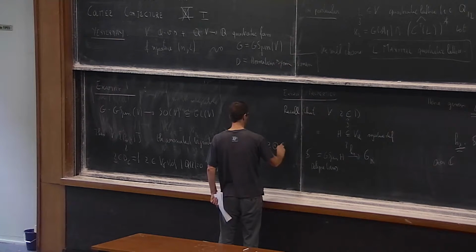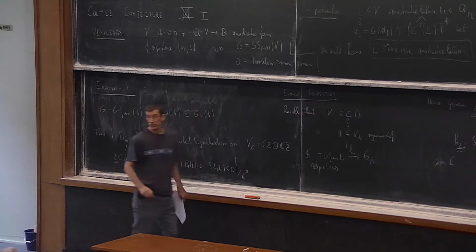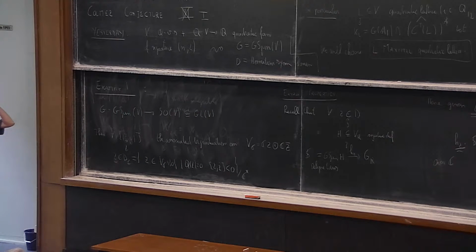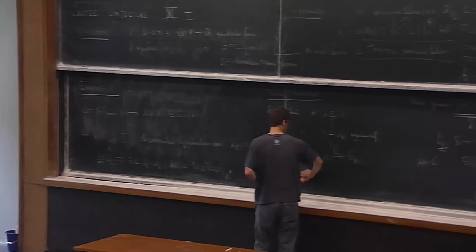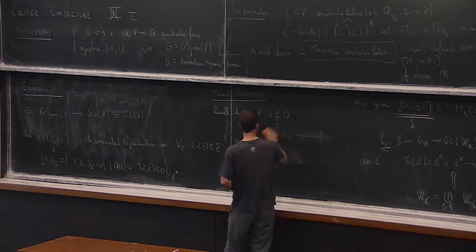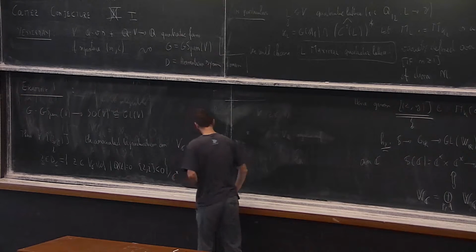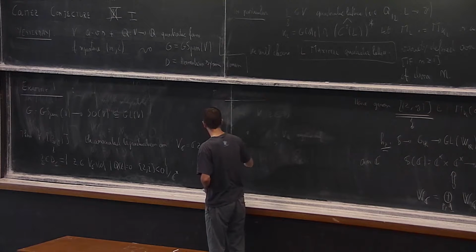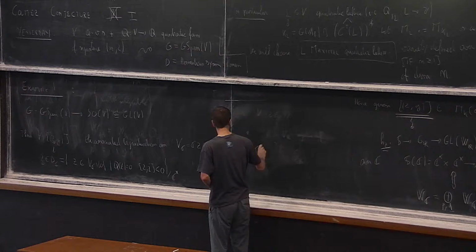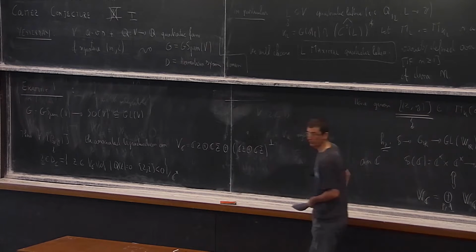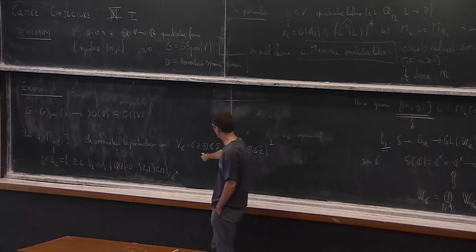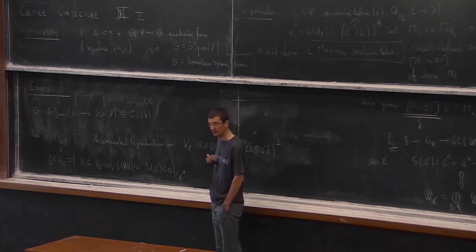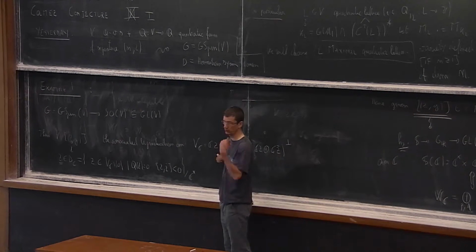I also have the image under complex conjugation of this line, okay? And then I have the orthogonal complement of these two lines, of this plane. Okay? So this actually is the complexification of the negative definite plane that you have in the real manifold interpretation of the symmetric domain.